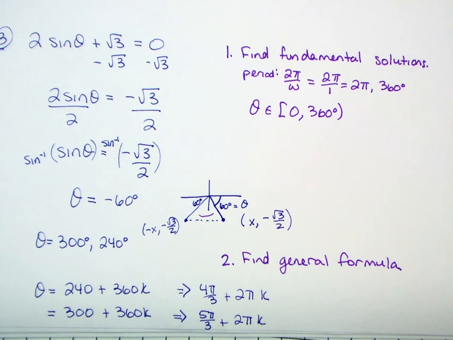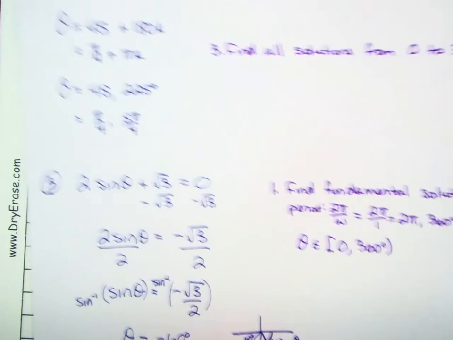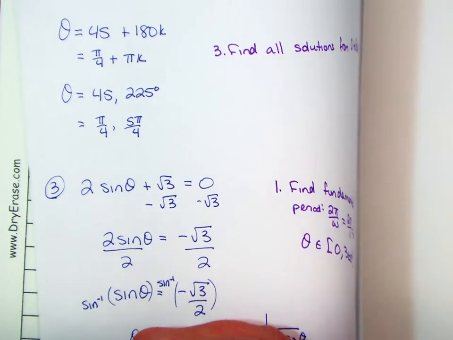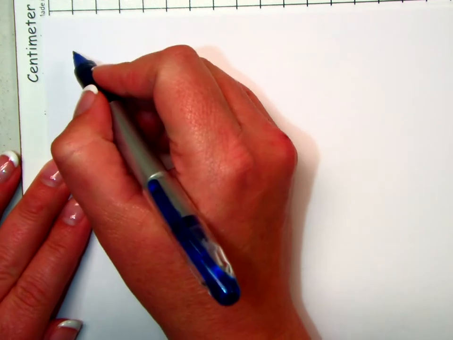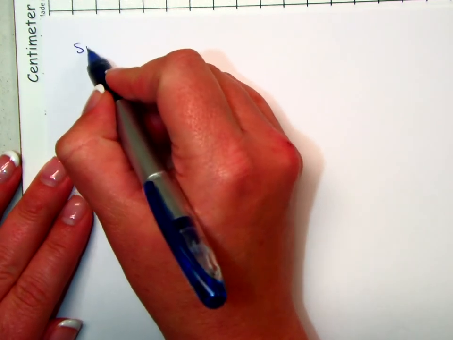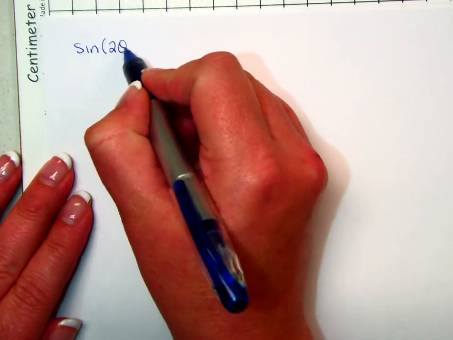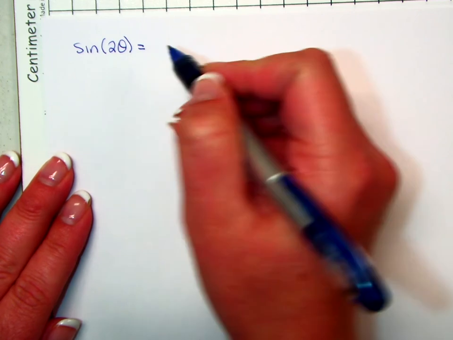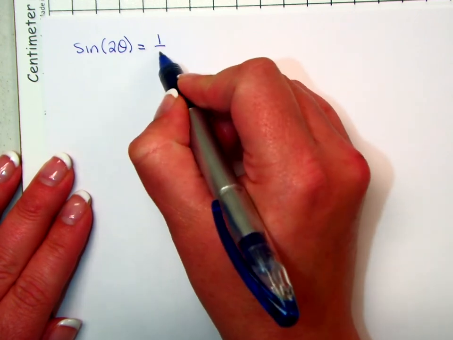All right, so let's do 4 and 5 here. So let's do sine of 2 theta equals 1/2.